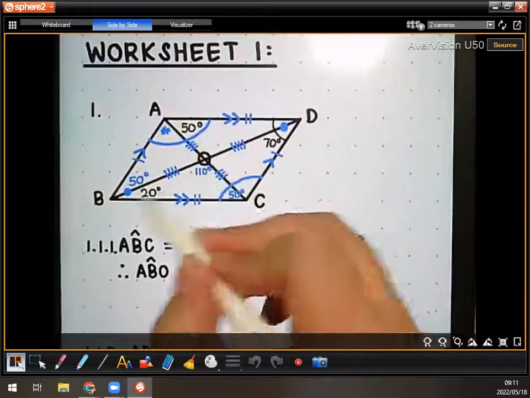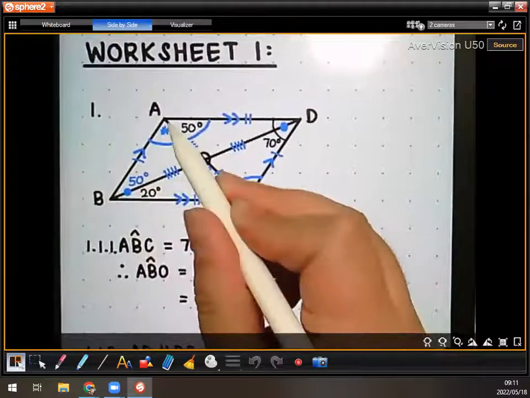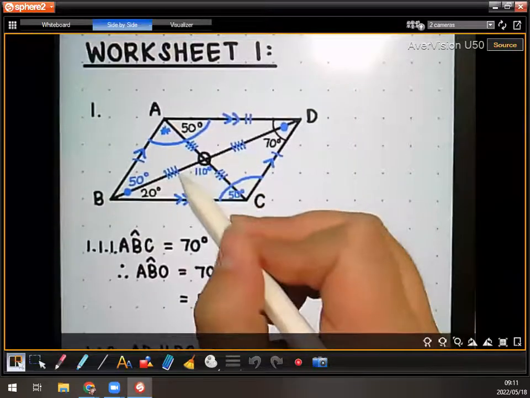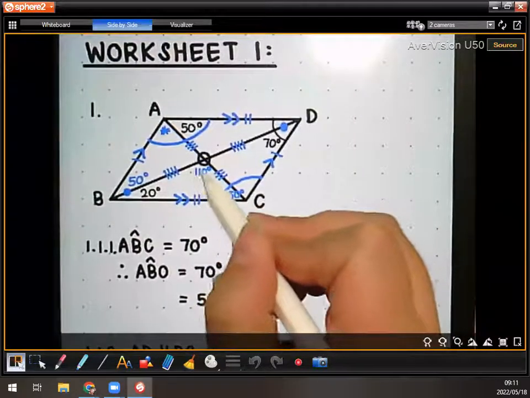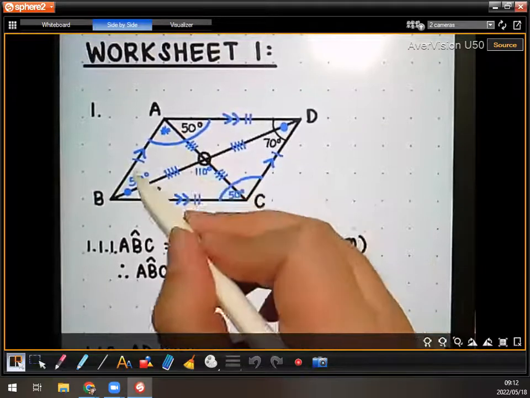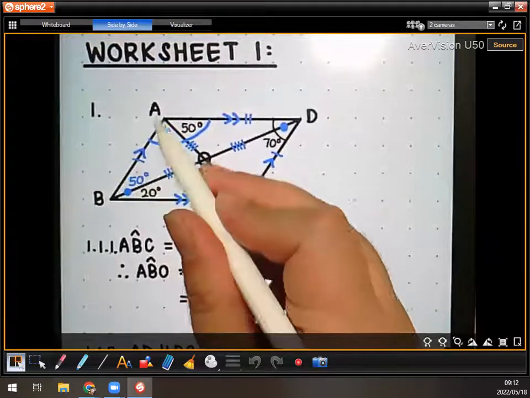Now guys, remember that the exterior angle of a triangle is when one side is lengthened, and on the outside of the triangle you have that angle 110. And what do we know about the exterior angle? It's equal to the sum of the opposite interior angles.